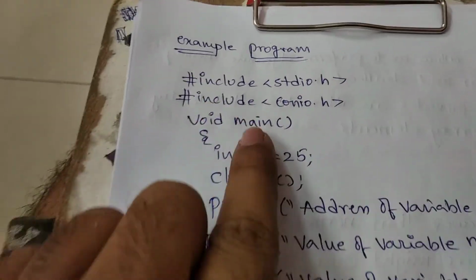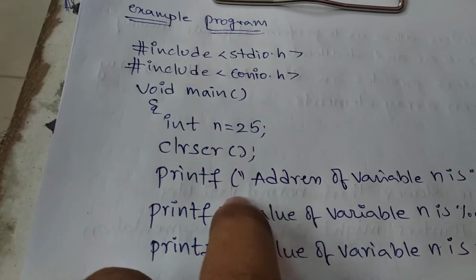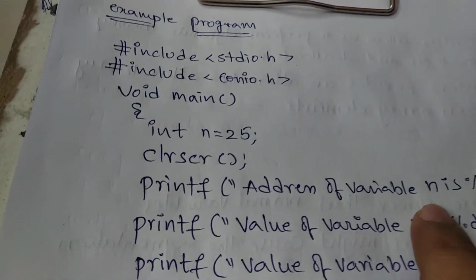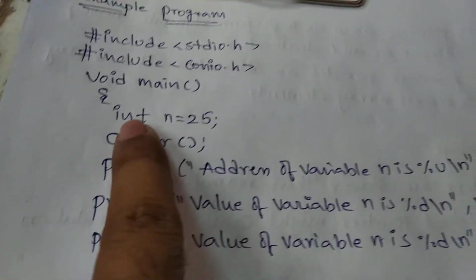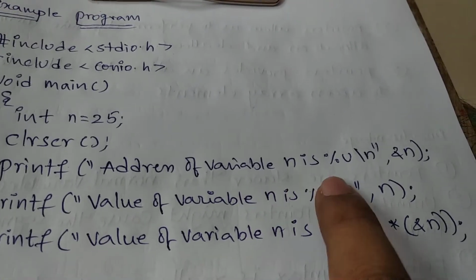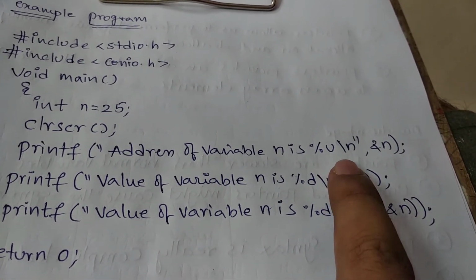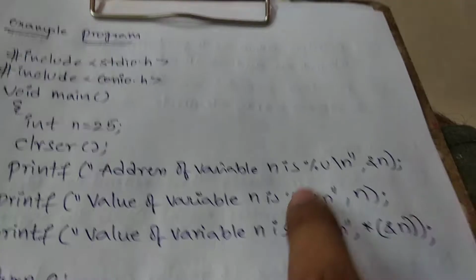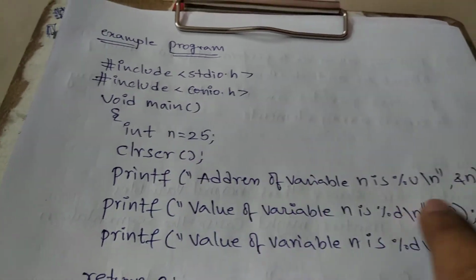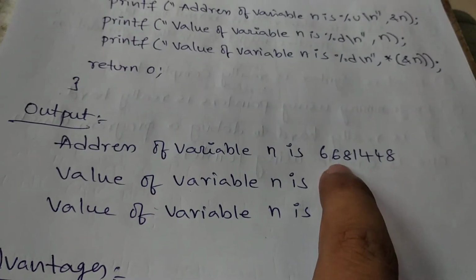See here an example, a simple C program: int n equals 10. printf the address of the variable, that is, where the memory location is stored. We use the variable n with %u, since the memory size is large, and you can use the unary operator address-of, &n. For n equals 25, the address will be printed, so the output should be like this.